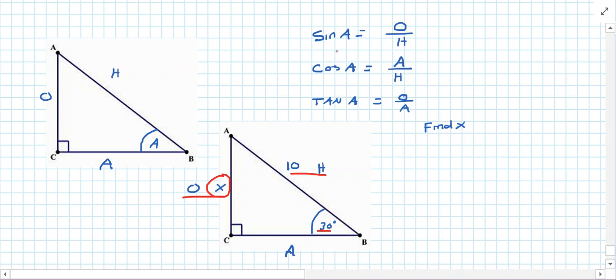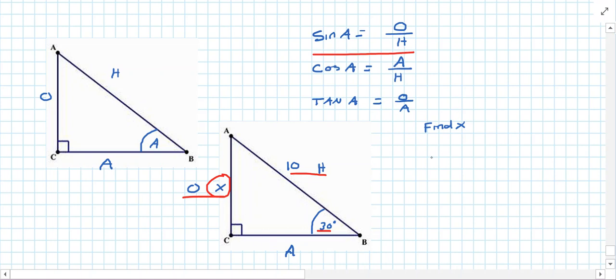We can see that sine A is the one we want, because it has the opposite and the hypotenuse. They've given us the hypotenuse value, which is 10, and they're asking us to find the opposite length, represented by x. The adjacent, there's no mention of it, so we stick with what we have.